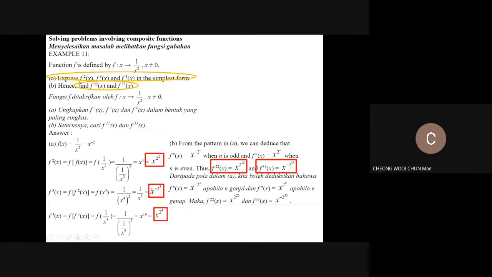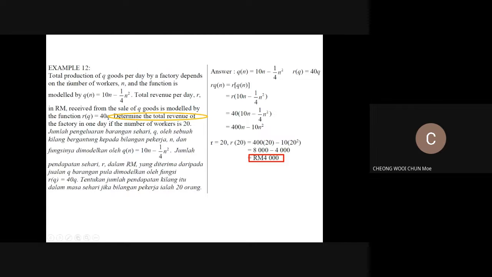So when n is odd, it is negative, and when n is even, it is positive. So f power 22 is even, so it becomes positive. If it is 33, odd, here also 33 odd, it will be negative. Follow the pattern.